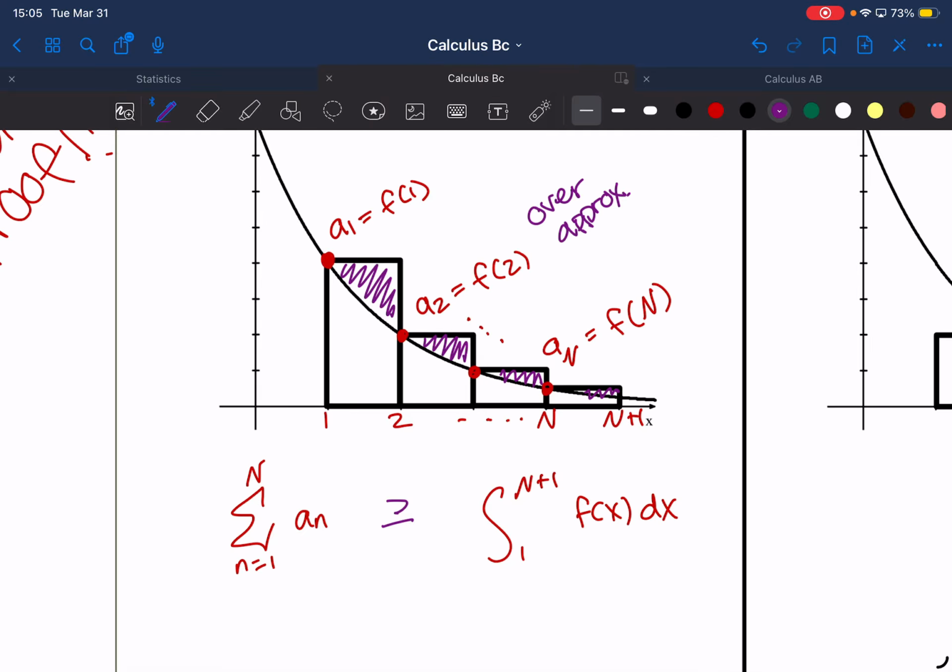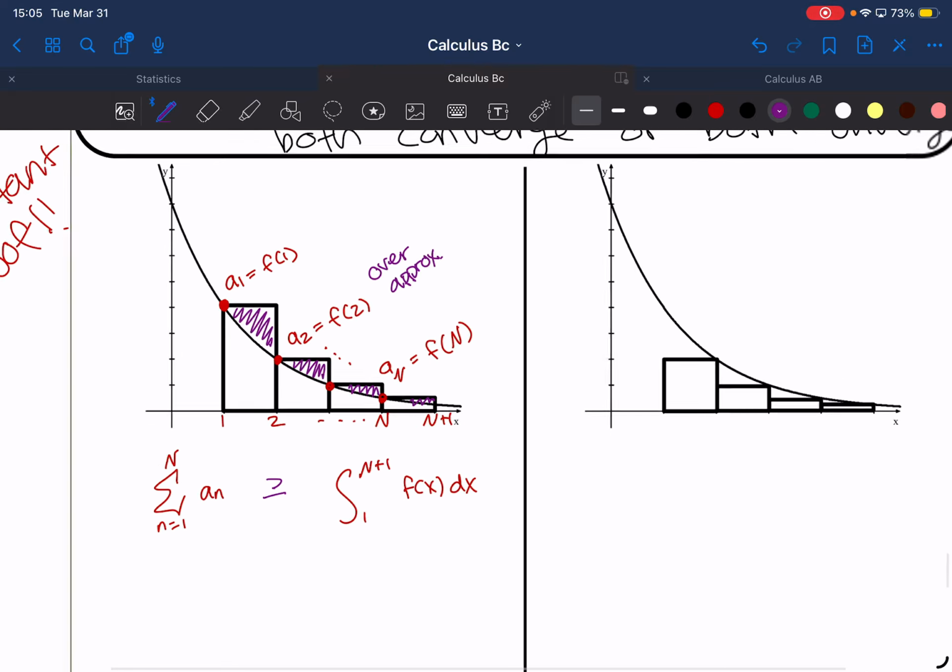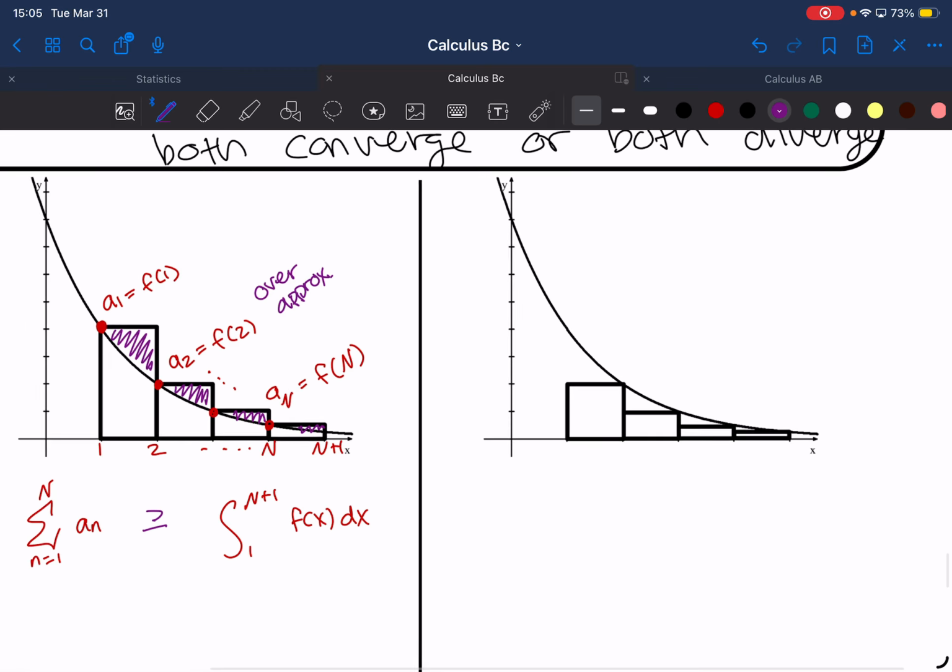So we just formed one equation here. Okay, we're going to do the same thing on the other graph. So I'm going to label the x-axis first. So I have 1, 2, n plus 1. Notice this time when I label the part of the rectangle that's touching the curve, I am not starting at a sub 1.